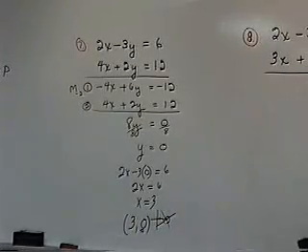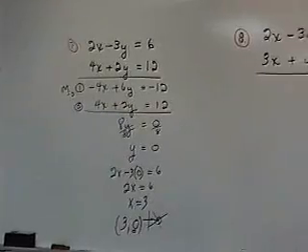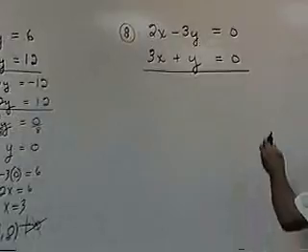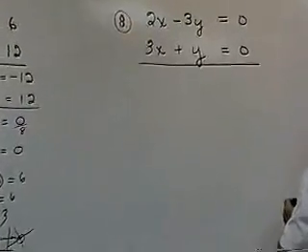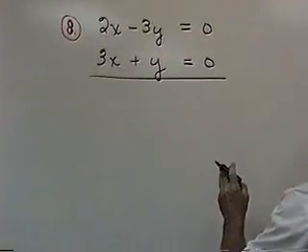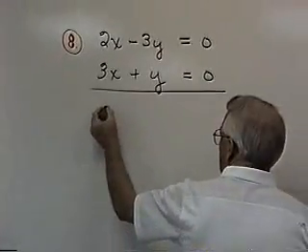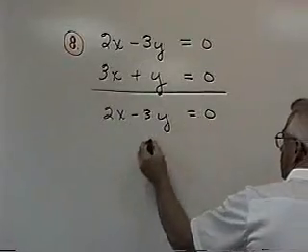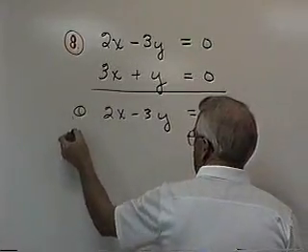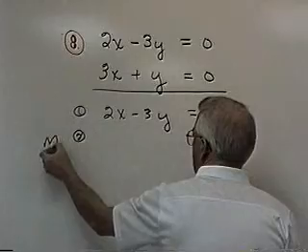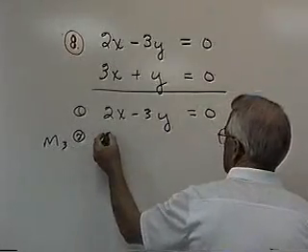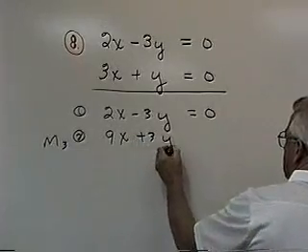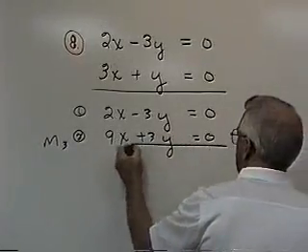All right, let's look at the next example, problem 8. And here we have a problem with a bunch of zeros at the end. Again, work it the same way. Which letter do you want to get rid of? Well, we could write the top equation down and multiply the bottom one by 3. So that gives us 9x plus 3y is equal to 0.